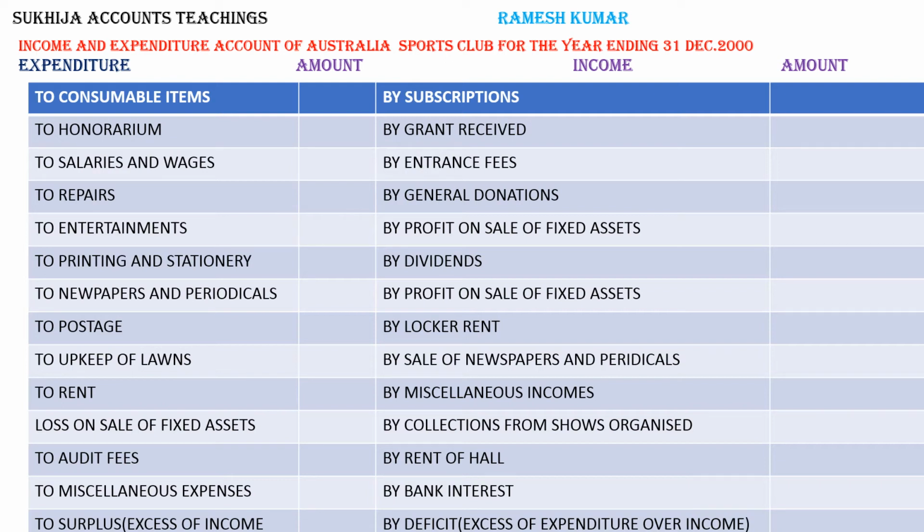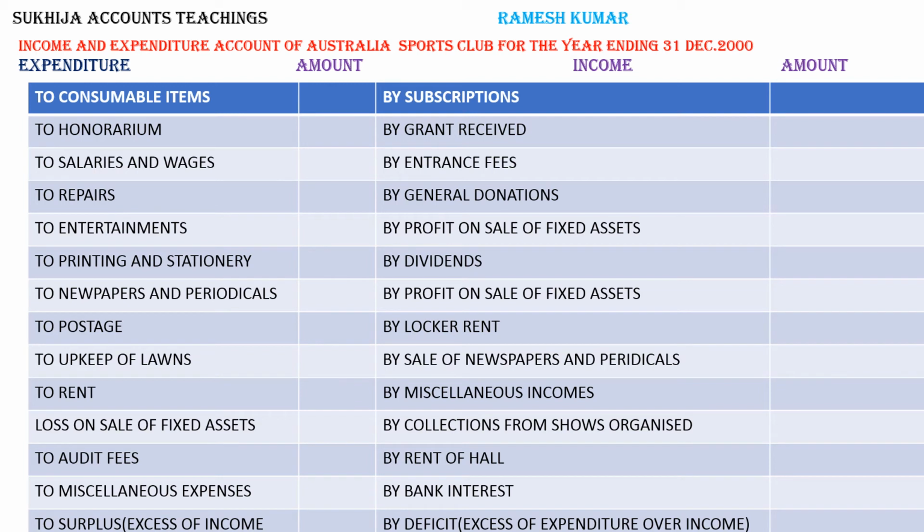By locker rent. What is locker rent? Like bank, they also maintain lockers where people can keep their valuables. So whatever rent they charge from them is called locker rent.